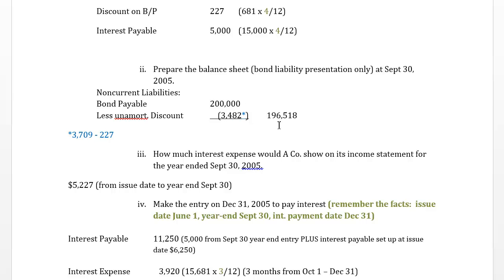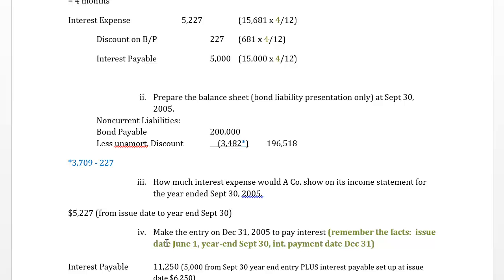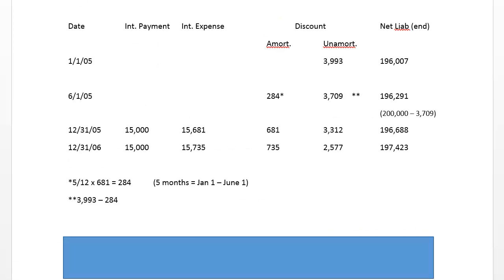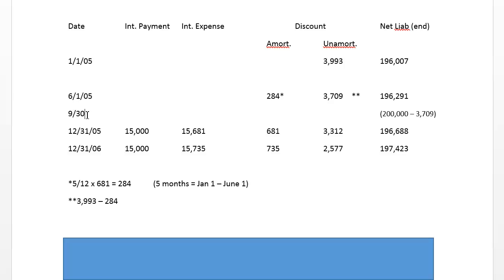How come? Well, don't forget, if we go back to our little table, we had $37.09 unamortized at bond issue date, right? Of that $37.09, how much would we have amortized if we were here at September 30th?